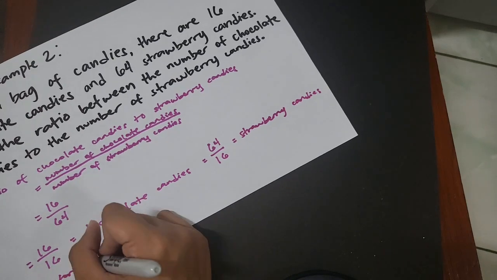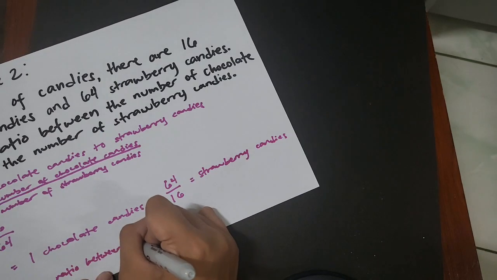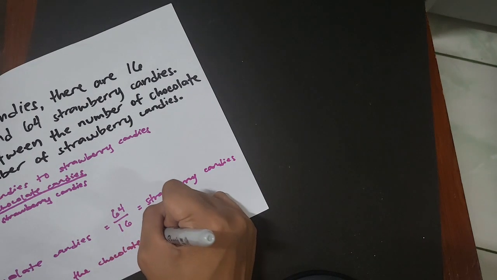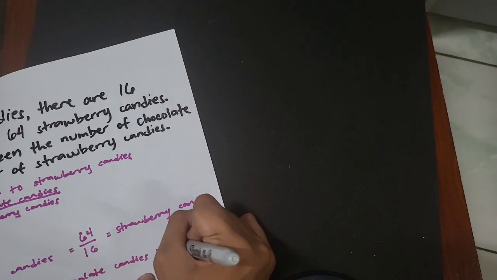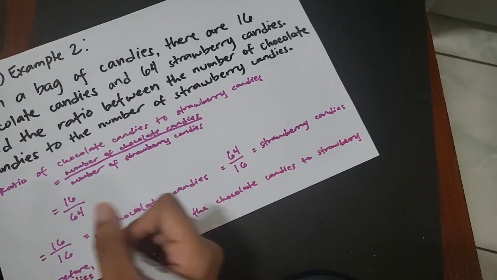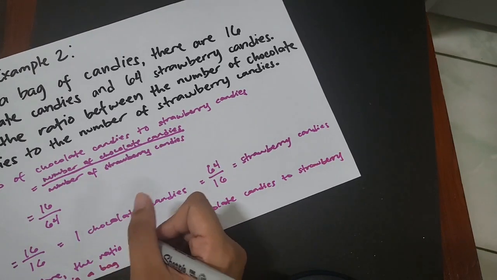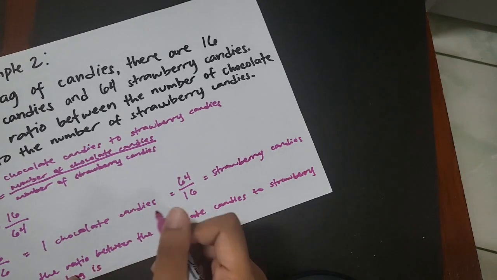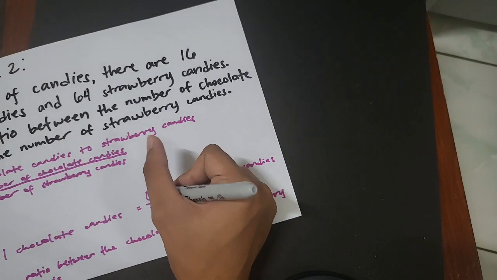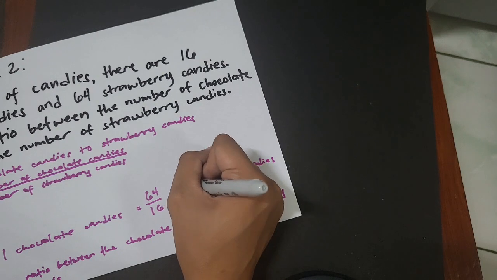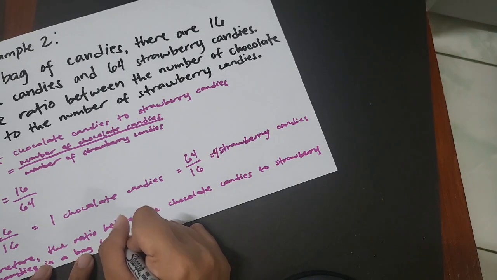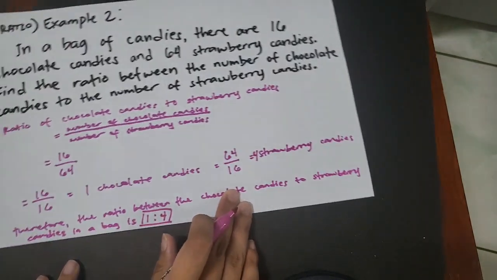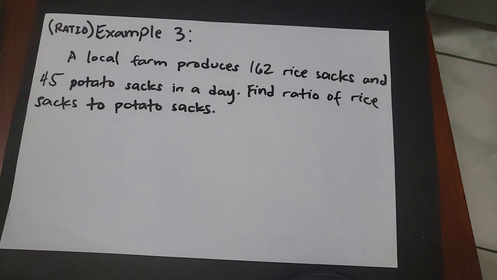Therefore, the ratio between the chocolate candies to strawberry candies in a bag is 1 is to 4. And ang ating answer dyan.